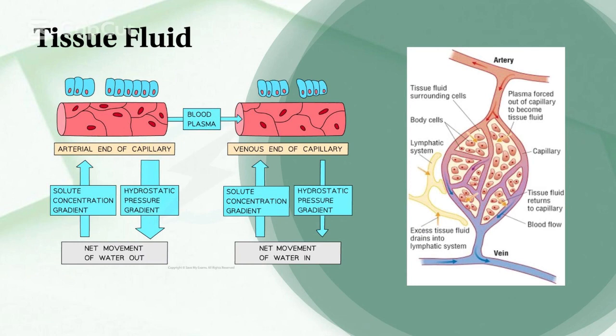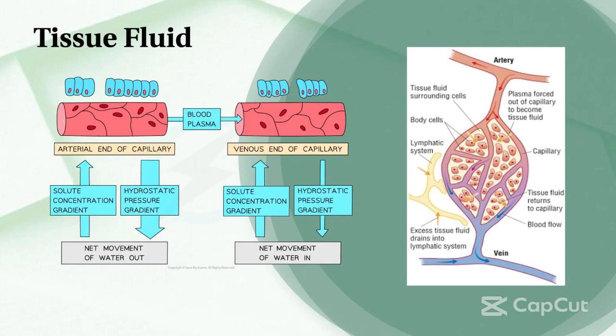It will then collect waste and collect water. When the larger elements of the blood, which can't escape the capillaries, are concentrated within the blood, that's going to change the water potential and mean that water moves in from the tissue fluid into the capillaries.